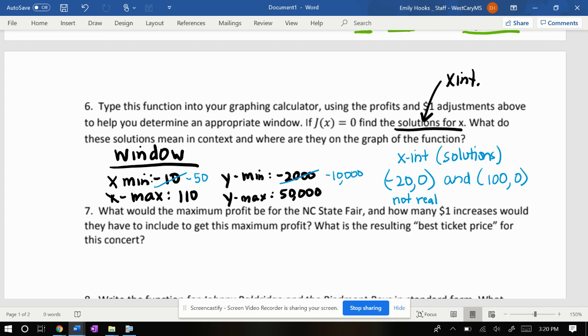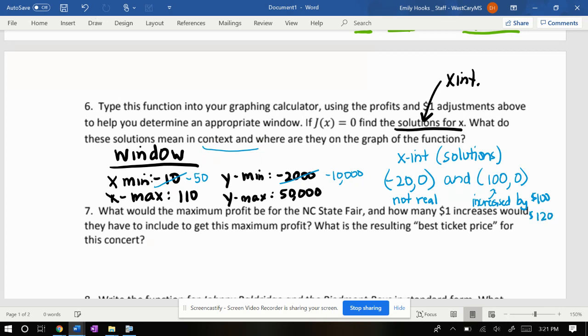So then they asked, what do these mean in context? So remember, the x represents how much money you're increasing it by, right? So this means that I have increased my amount by $100. So now my ticket price is $120.